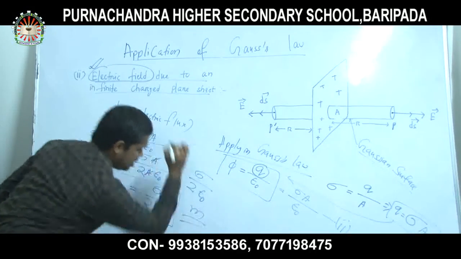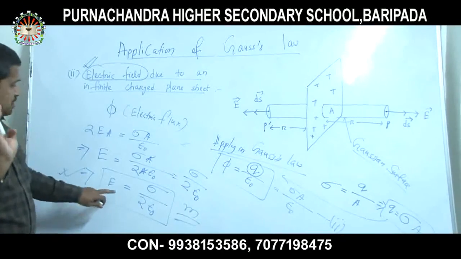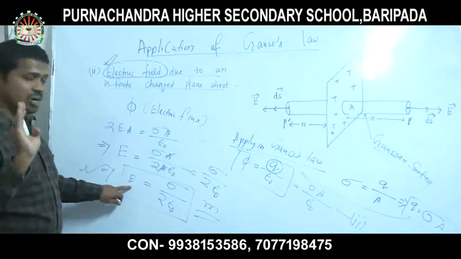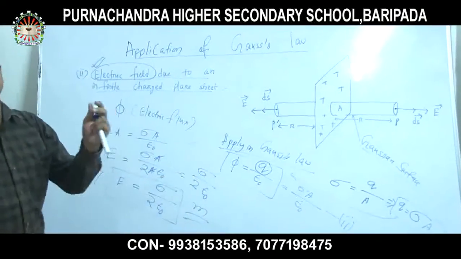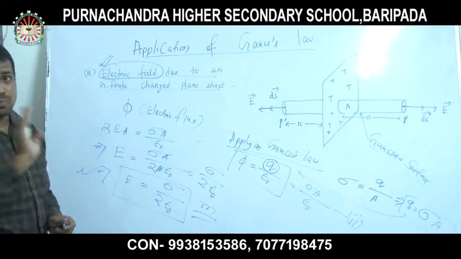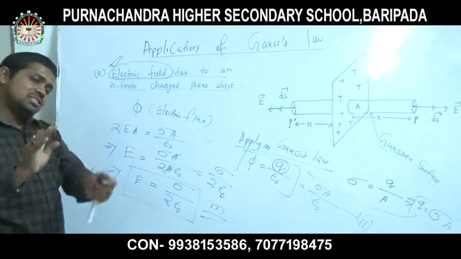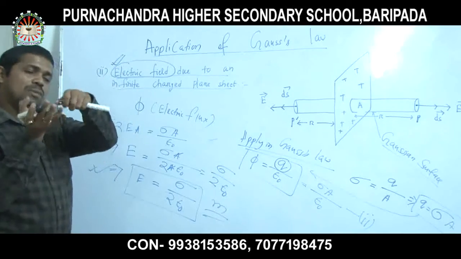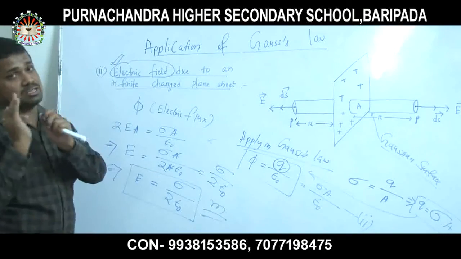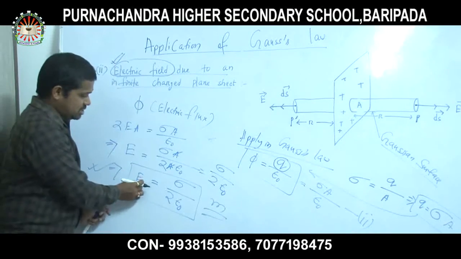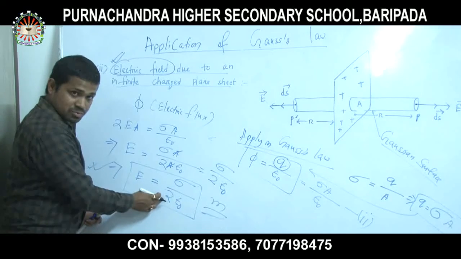Remember one thing, this is the expression of electric field intensity due to this type of infinitely charged sheet. Okay, not for a line charge. For a line charge we have already derived in the previous session. For an infinite surface charge, the electric field intensity is equal to sigma divided by 2 epsilon 0.